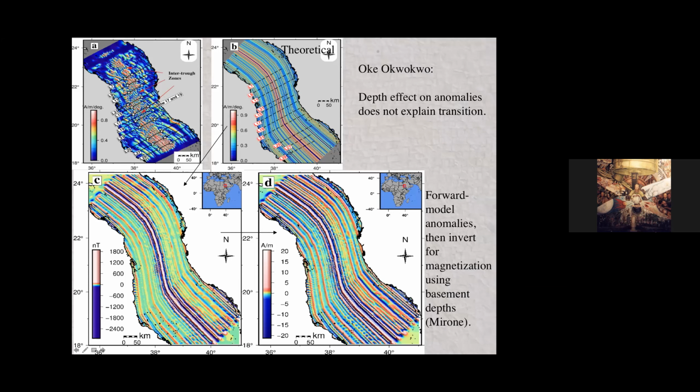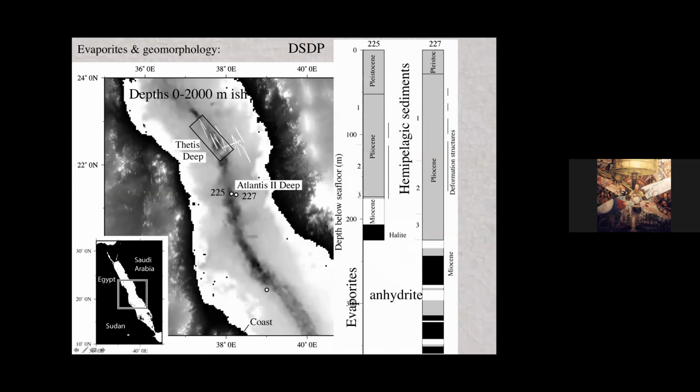So this reproduces the effect of depth to basement. So these steps are done with the basement depth. And you'll see that you'd still expect high frequencies in here, and it looks very different to this. So it's not a depth effect.